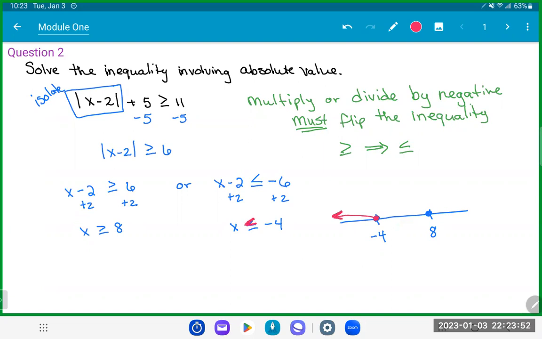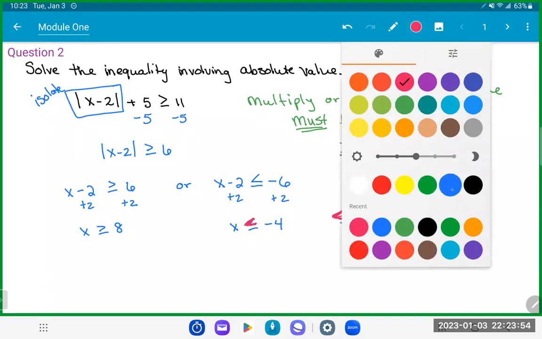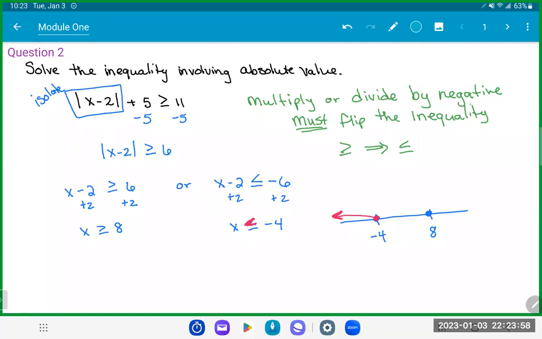Similarly, let me get a different color, I have my +8, and this arrow shows me which direction it's going, in this direction. You see those arrows match up.